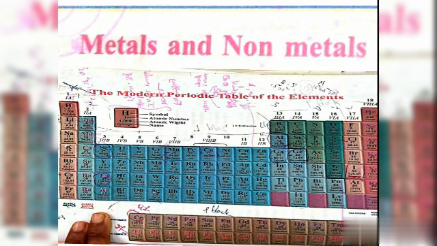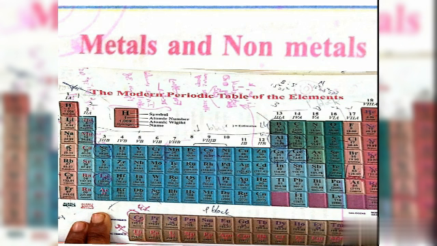Oxygen atomic number 8, its electronic configuration 1s2, 2s2, 2p4. In this last shell, which shell? Second shell. In the second shell how many electrons are there? 2s2, 2p4 means 4 plus 2, total 6 electrons. So we can call this a non-metal.